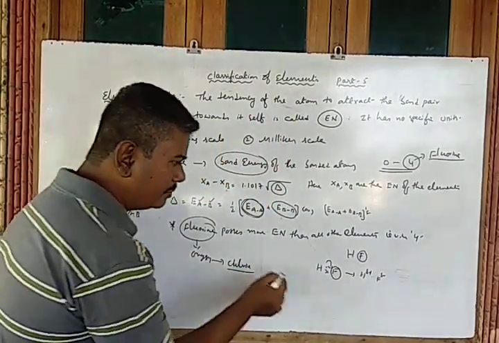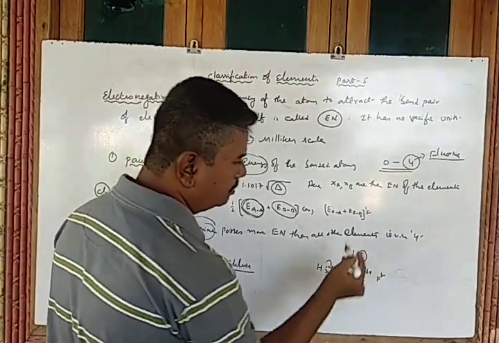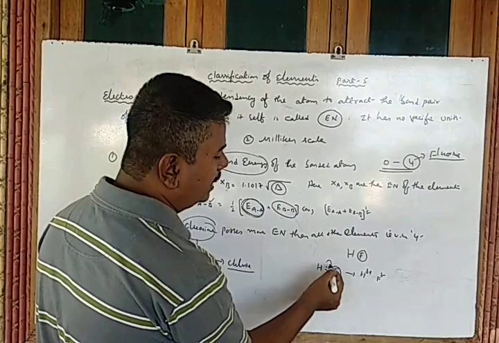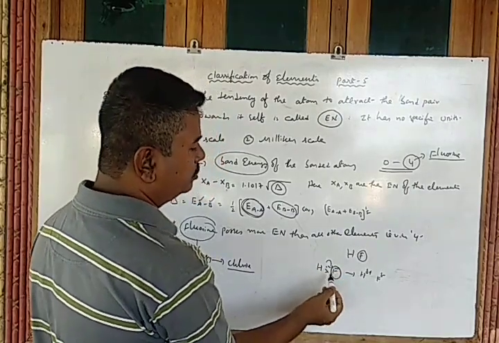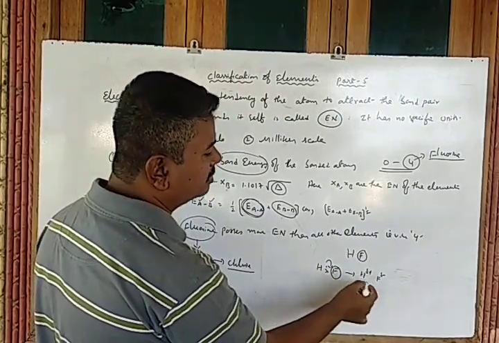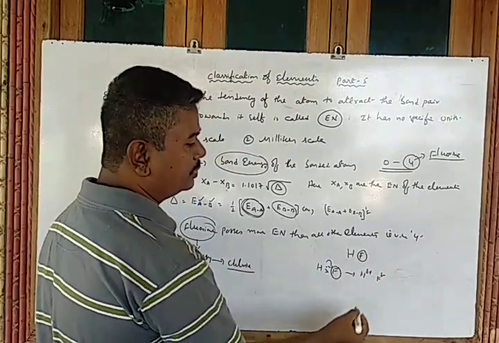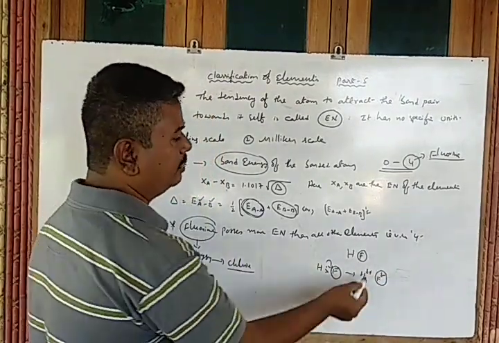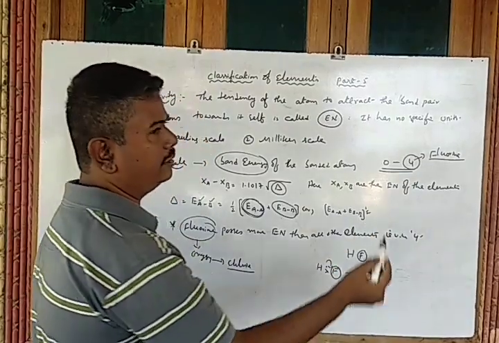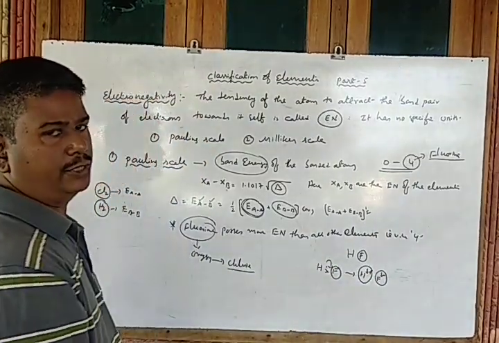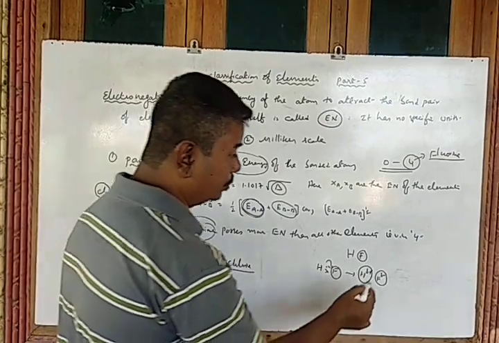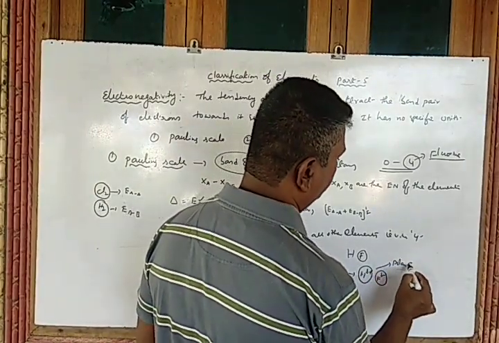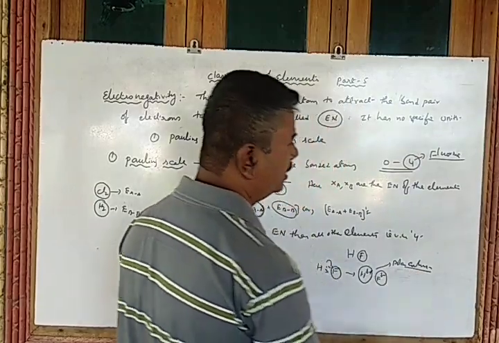From the bonding nature of this molecule, fluorine has more electronegativity tendency, so the bonded electrons are shifted towards fluorine. Fluorine acquires a slightly negative charge, whereas hydrogen possesses a slightly positive charge. Due to this, a polar covalent bond is formed.